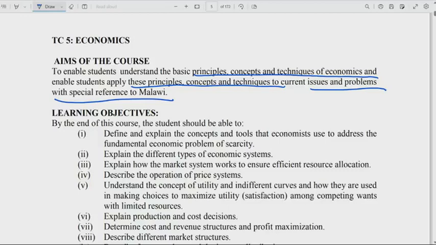That's basically the aim of learning economics in our syllabus at the diploma level, right? To understand the concepts, principles and techniques in economics and be able to apply these to current situations and problems that are specific to the Malawi economy, right?